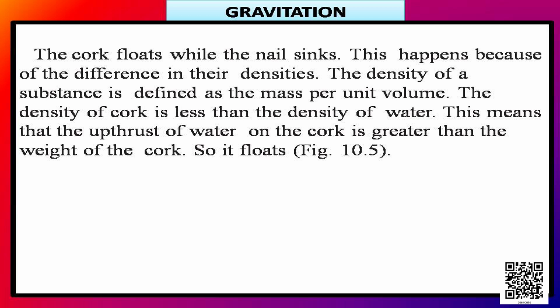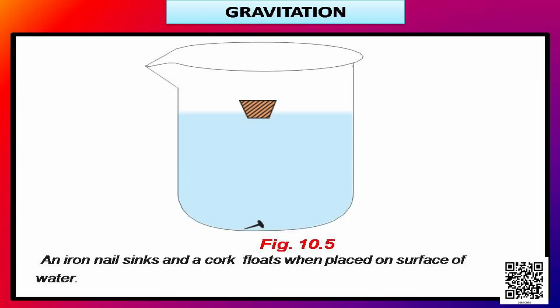The density of a substance is defined as the mass per unit volume. The density of cork is less than the density of water. This means that the upthrust of water on the cork is greater than the weight of the cork. So, it floats, as you can see in figure 10.5.